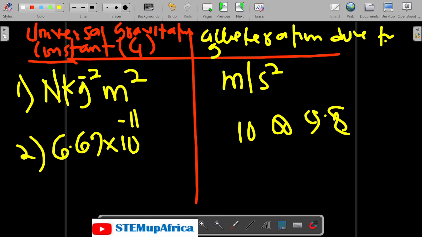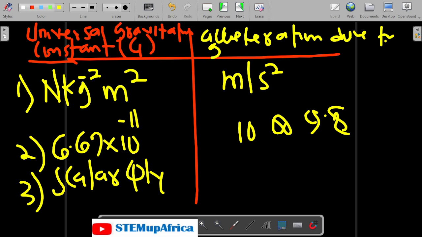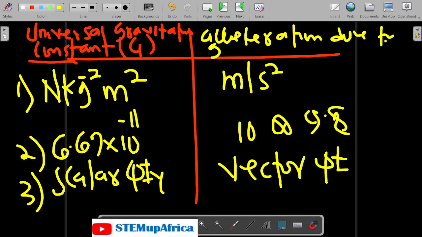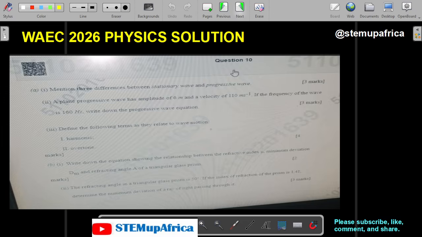Number 3: this is a scalar quantity, while the other one is a vector. So we can use that to differentiate both of them.